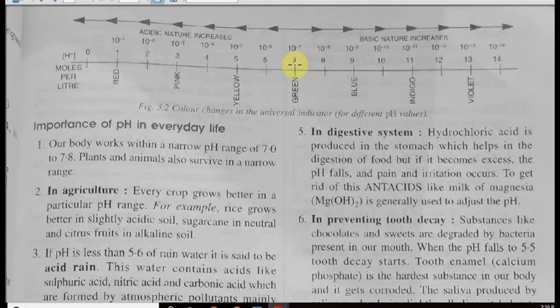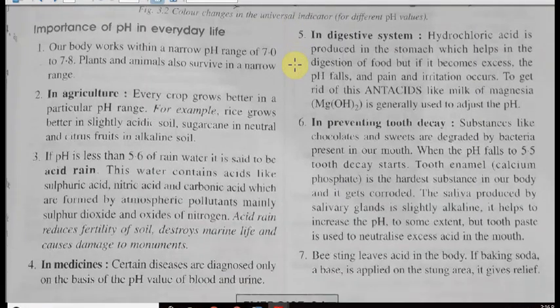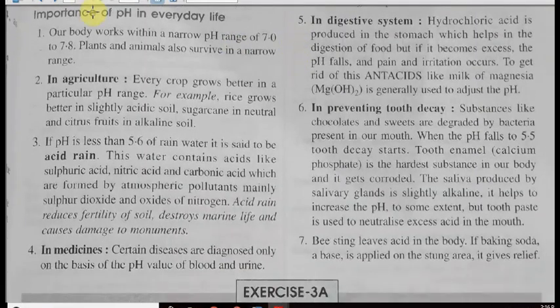Students, let us check some importance of pH in everyday life. Our body works within a narrow range of pH 7 to 7.8. Plants and animals also survive in a slightly basic pH range. In agriculture, every crop grows better at a particular pH value.